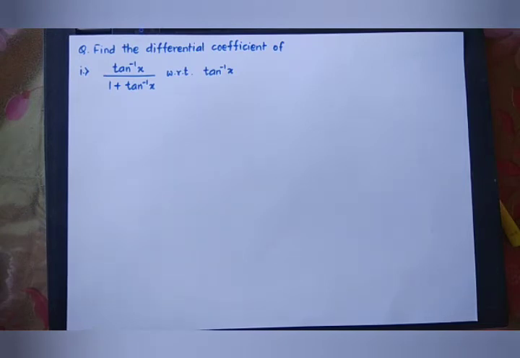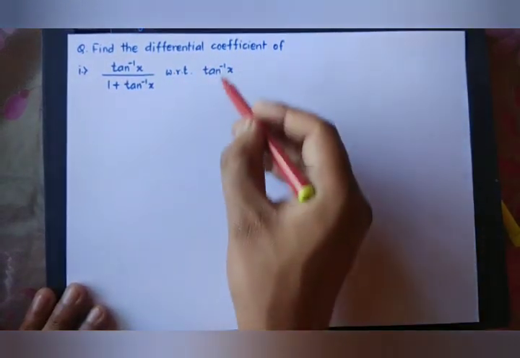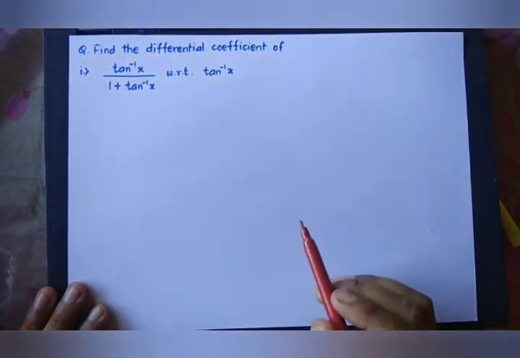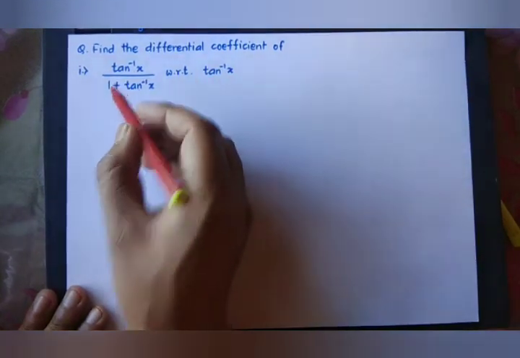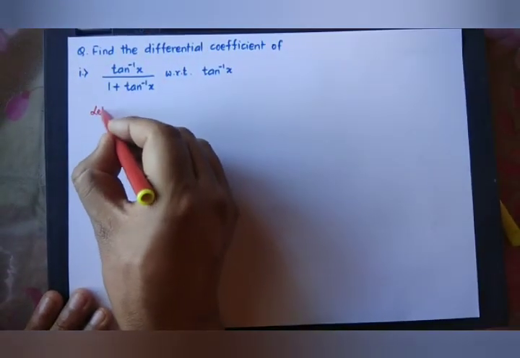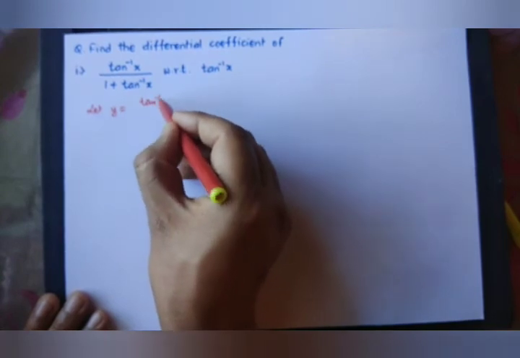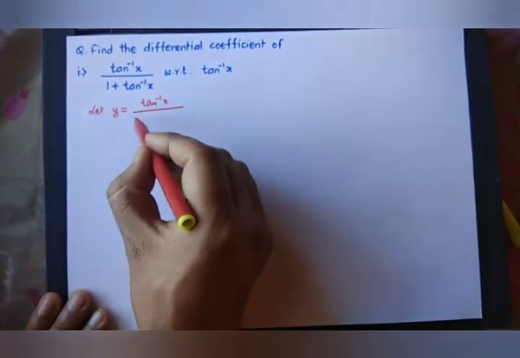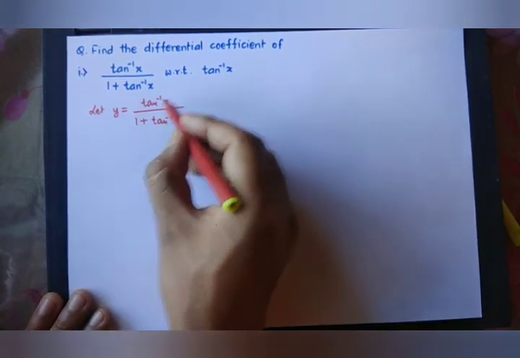Next question is, find the differential coefficient of this with respect to tan inverse x. That means we need to differentiate this with respect to this. Okay, so whenever you see this kind of question, what you need to do is take this to be y. Let y equal tan inverse x by 1 plus tan inverse x.